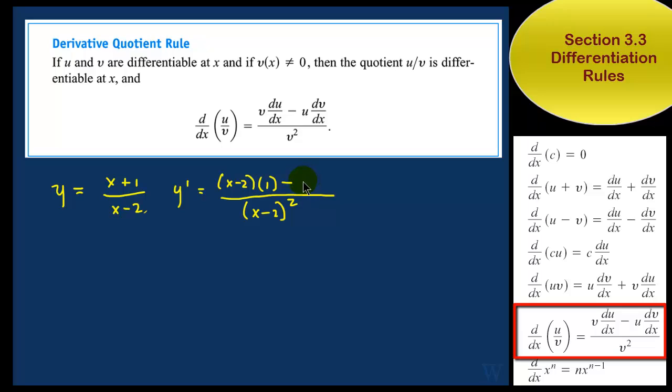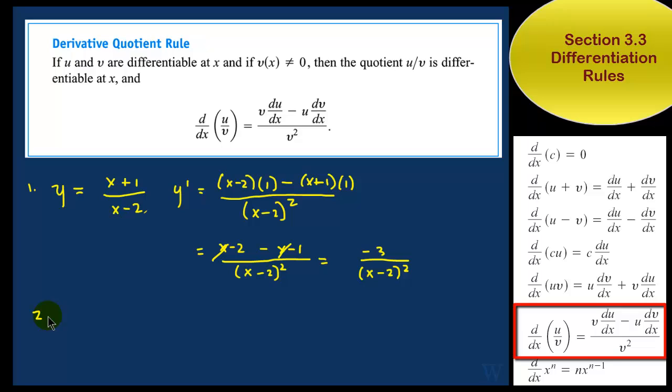Minus, now you take whatever is the numerator on the top, x plus 1, times the derivative of the denominator, which is 1. So if we simplify all of this, we will get x minus 2 minus x minus 1 whole thing divided by x minus 2 squared, and that gets further simplified into negative 3 all over x minus 2 squared.